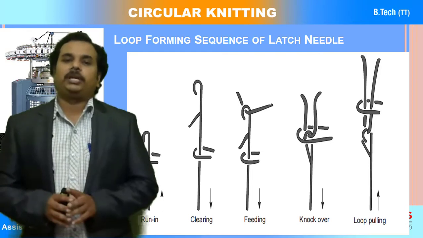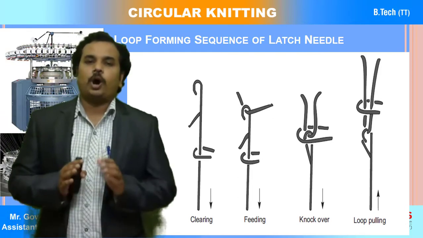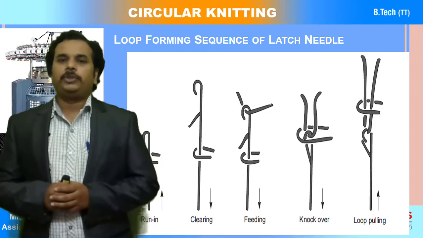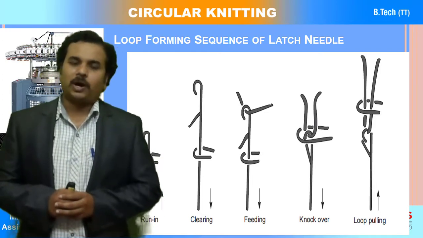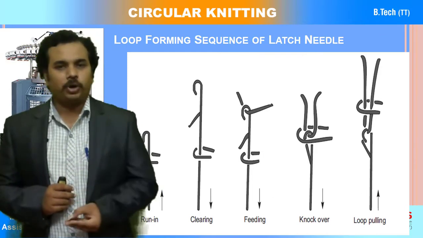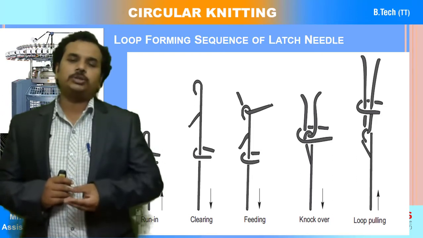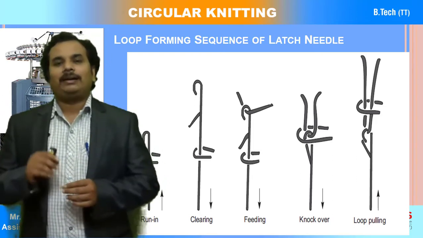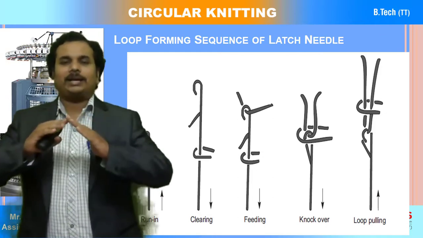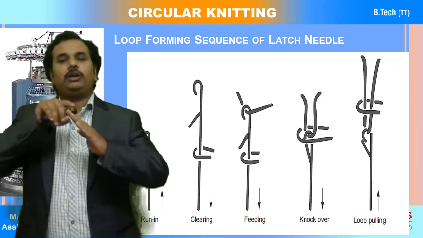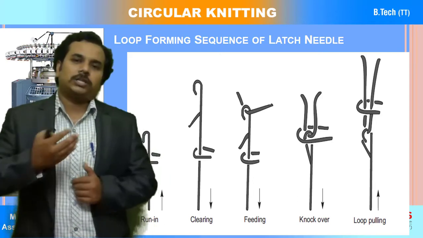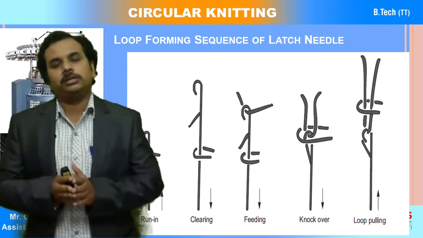Now what is happening in the loop formation sequence? How is the needle raised and lowered? The needle has the butt part, and this butt follows the track of the cam. We are rotating the cylinder, and on the cylinder tracks we have the needles.